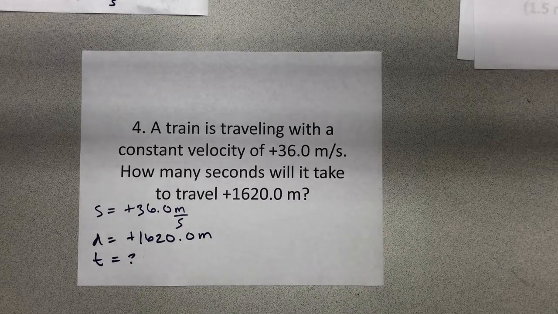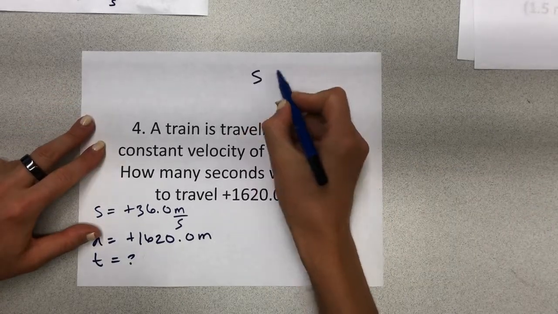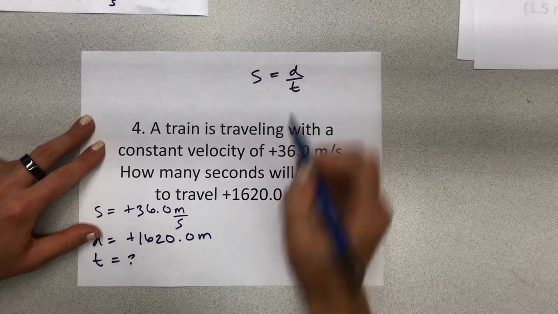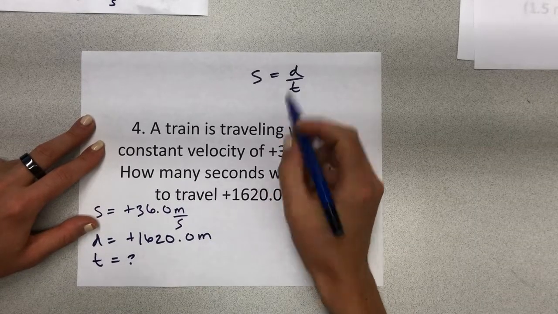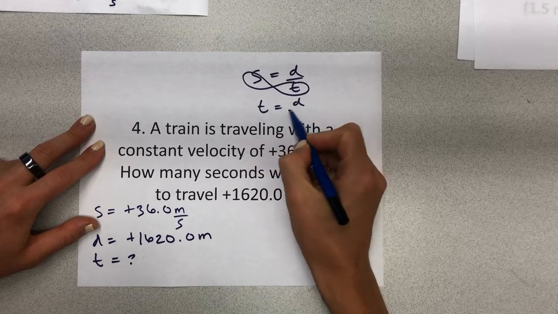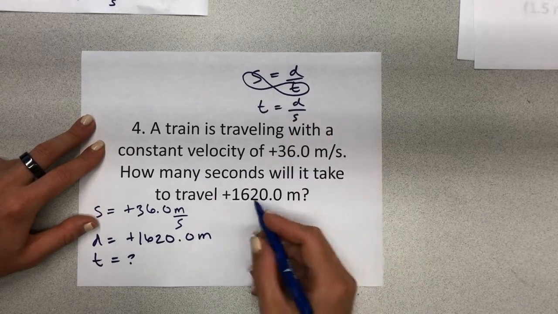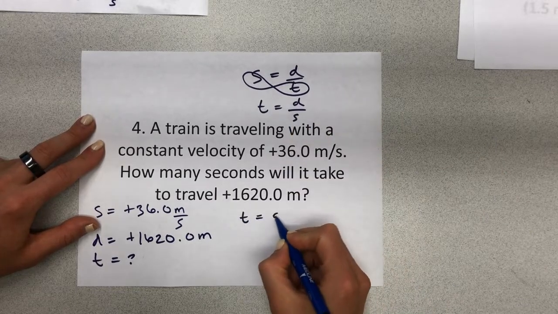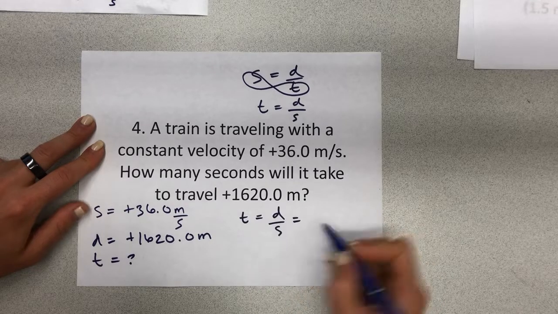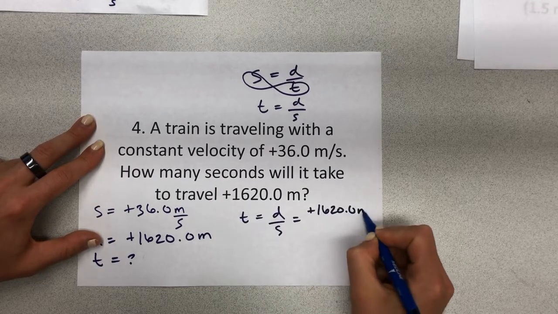So again, we get to choose from those three equations. We know that speed equals distance over time. If we're trying to figure out time, I can just flip-flop these, and I know that time equals distance over speed. I'm going to use this equation down here. Time equals distance over speed. My distance is positive 1620.0 meters.